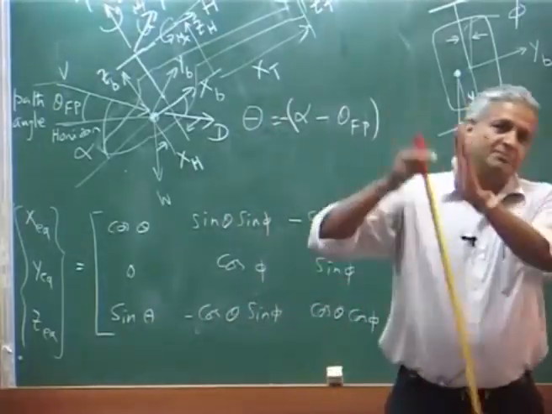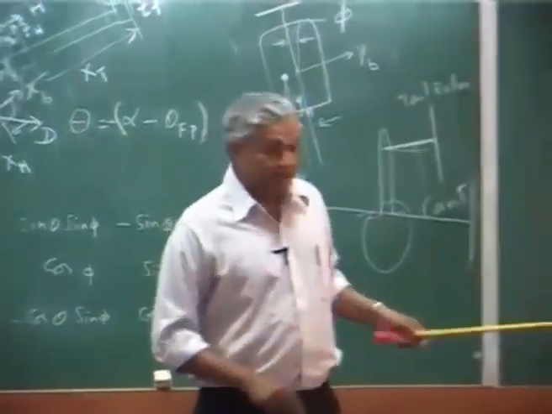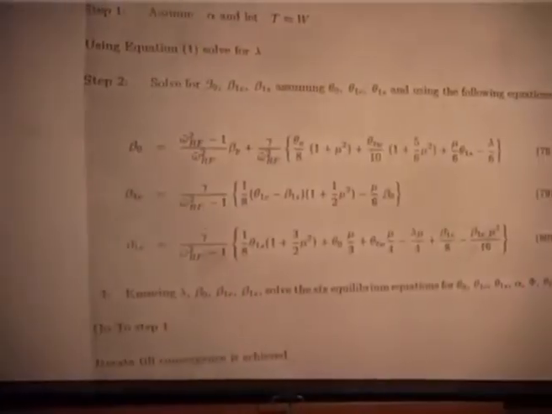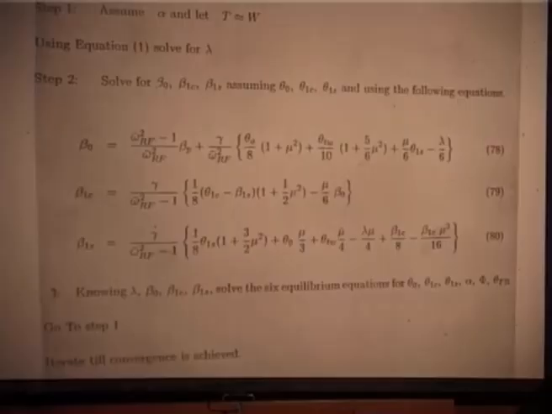Now I am just extrapolating the complexity. We made several assumptions. One is the inflow: uniform inflow, but it is not uniform, it is variable. The second one is flap: who told you only first harmonic, I should have all the harmonics, then I should have lead lag motion, I should have torsion motion.